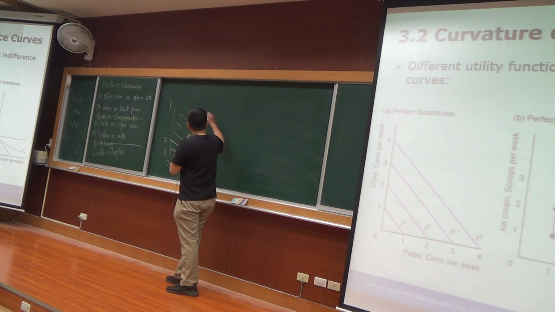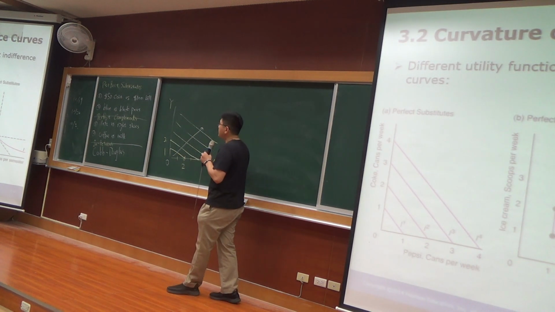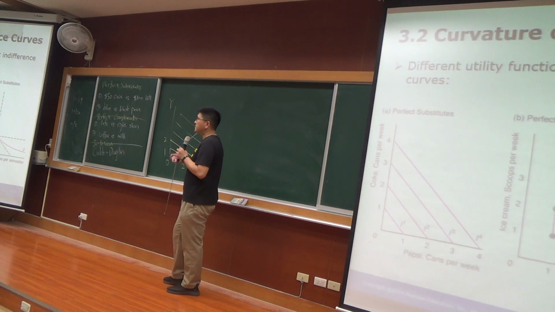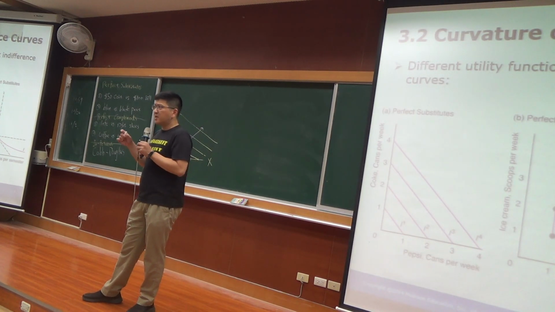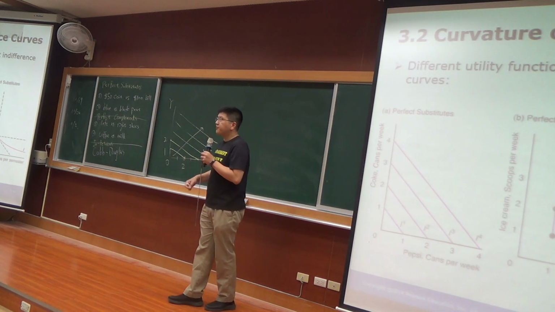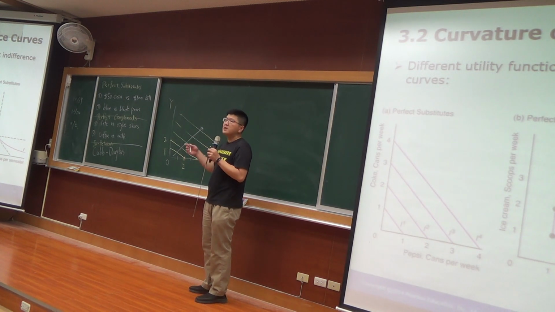And if we want to employ a utility function to describe this relationship or these preferences, what should we do?